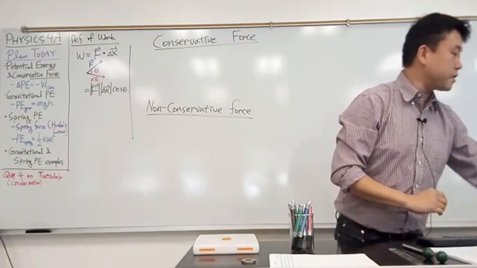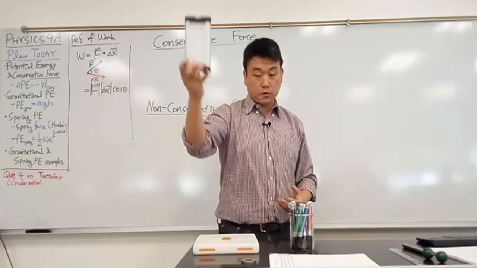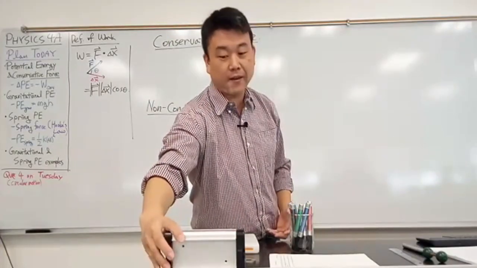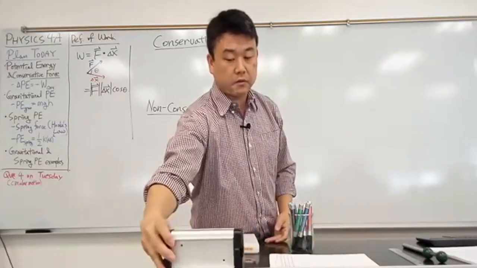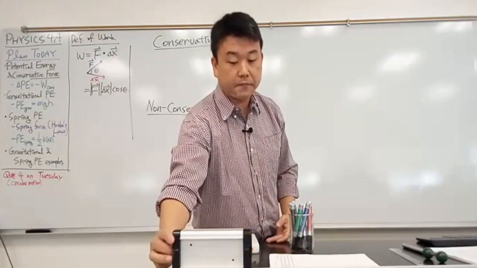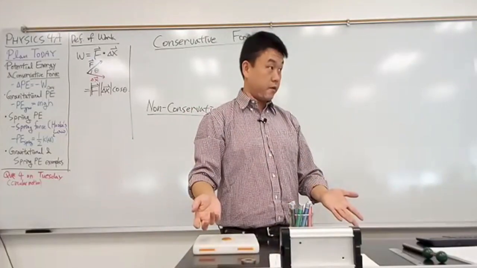And I used the example of friction as an example of a non-conservative force. So when I push this cart on its side, not on its wheels, as this cart comes to a stop, that's an example of how friction is a non-conservative force.